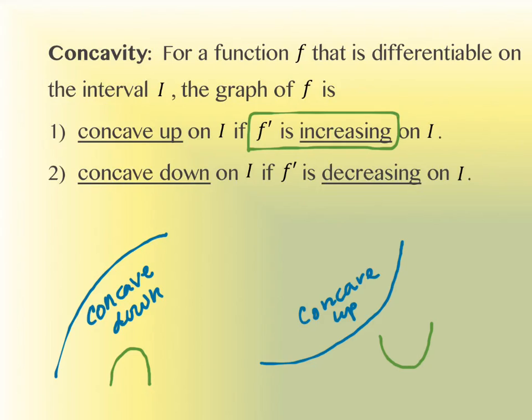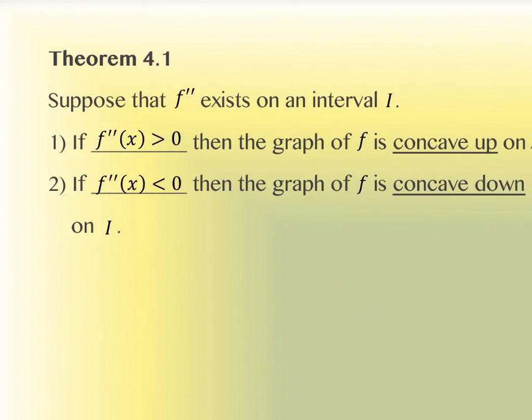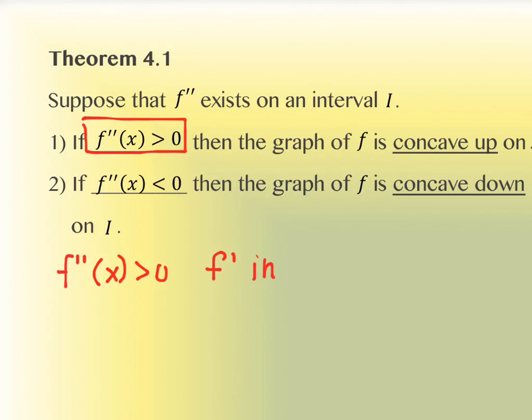So what is the derivative of the derivative? That's the second derivative. So we're going to encounter the second derivative when we look at this. If we're talking about when a graph is increasing or decreasing, we're looking at when the second derivative is positive or negative. If the second derivative is positive, then that means that the first derivative is increasing.